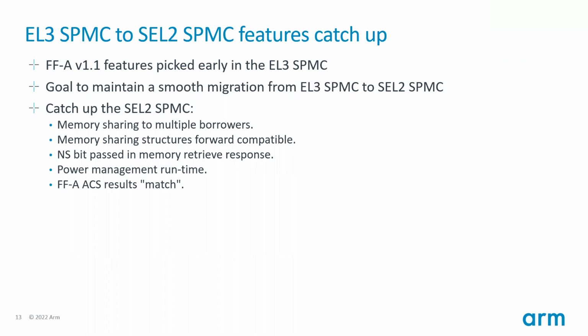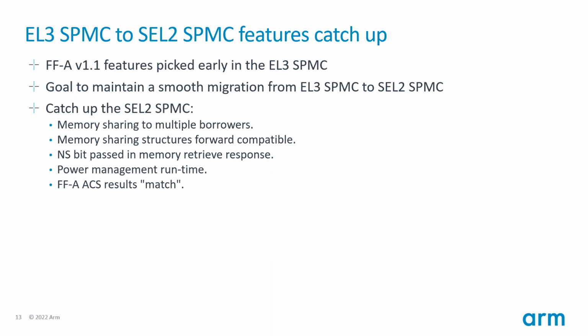I do have a couple of comments. The FFA spec is starting to add a decent bit of ABIs, especially around memory sharing. So it would be good if both the EL3 and SEL2 SPMC make including or removing memory sharing APIs configurable.